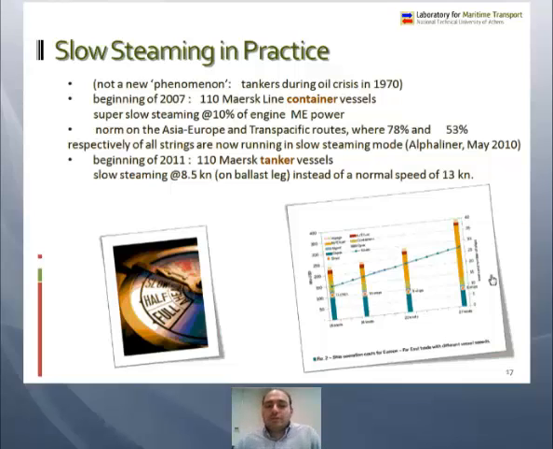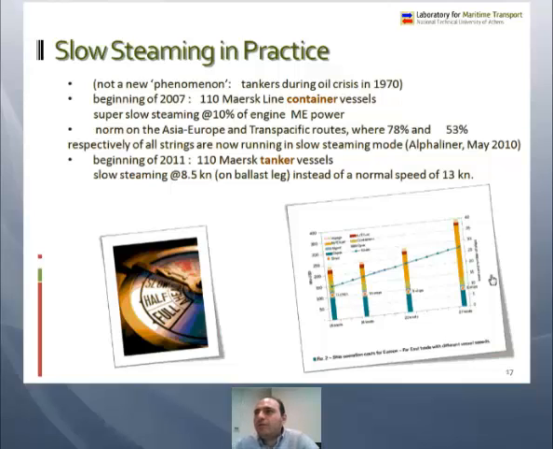But recently we had this phenomenon that started with container vessels and mostly Maersk Line containers, and at the beginning of 2011, Maersk also had its tanker fleet sailing at very slow speeds. They had vessels designed to sail at a speed of 13 knots, going down to 8.5 knots on ballast leg.